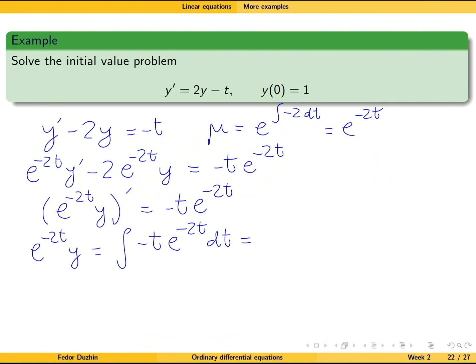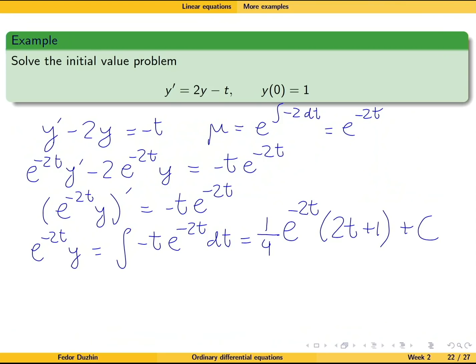And so this is 1/4 e to the minus 2t times 2t plus 1 plus constant. Now, recall that when we did separable differential equations, we would find the value of the constant right away.